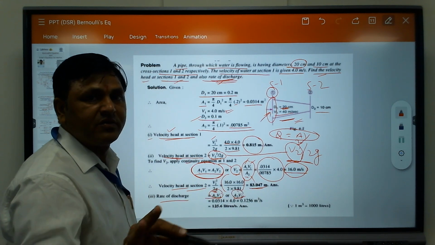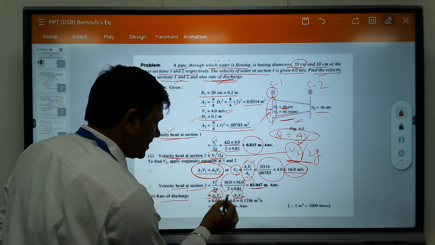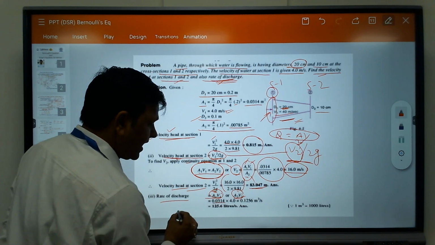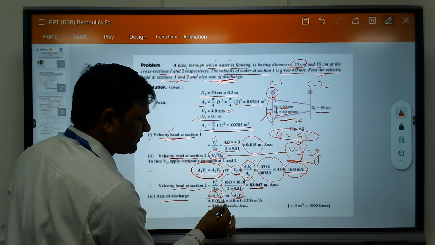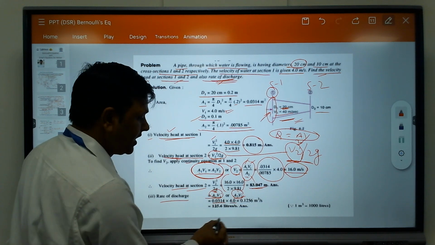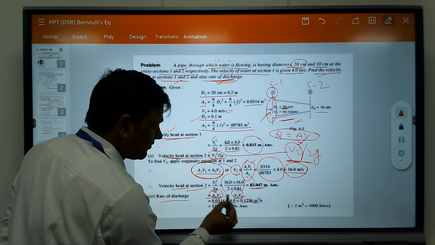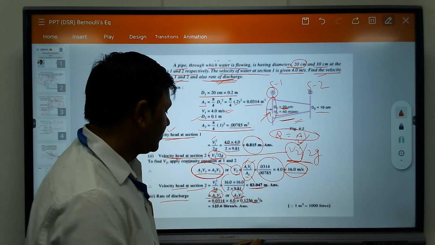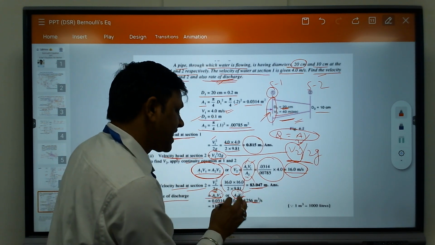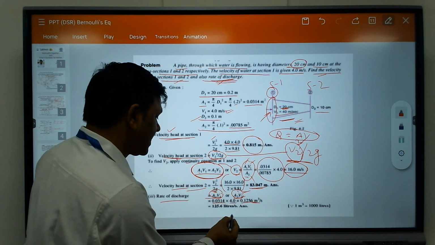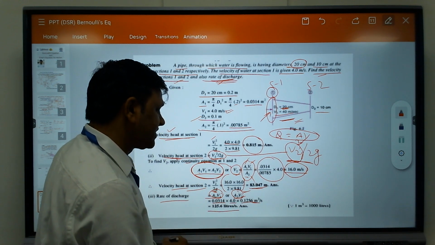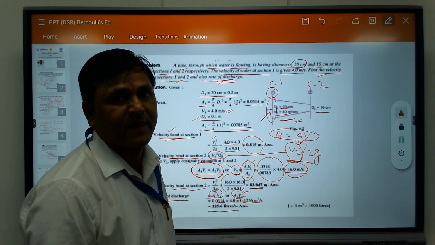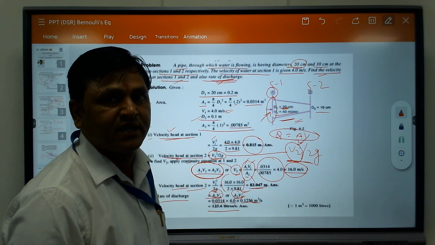The answer will be the same. Now, area A1 0.0314 into velocity 4 gives 0.1256. If you use the other equation, the answer will also be the same, 125.6 liters per second. Okay, thank you.